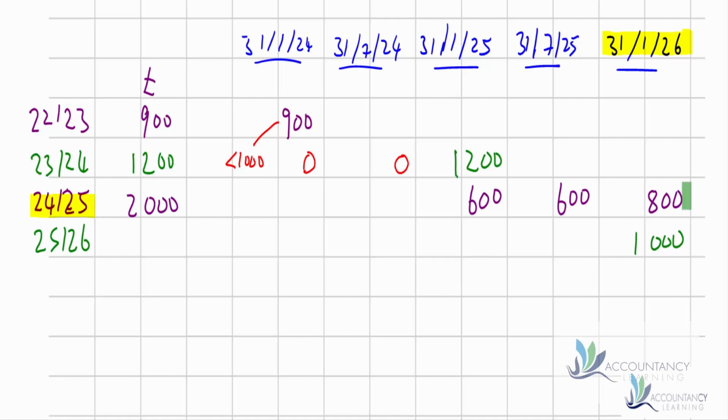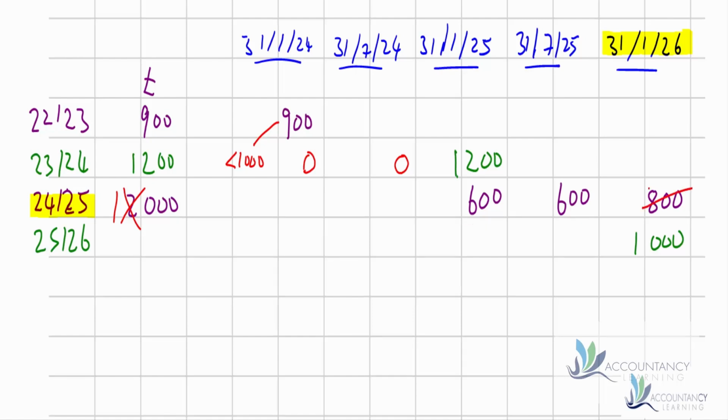Now, it's not relevant for this particular question, but it may be for the question you do in your assessment. Imagine that we have a falling liability. Okay, so imagine instead of this being 2,000, imagine it was 1,000. So we'd already paid 1,200 on our payments on account.